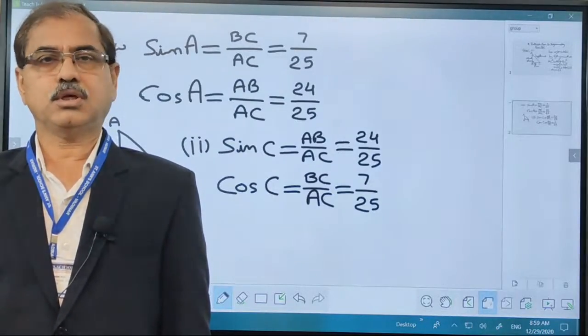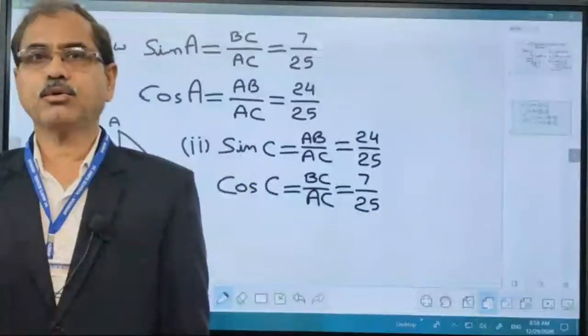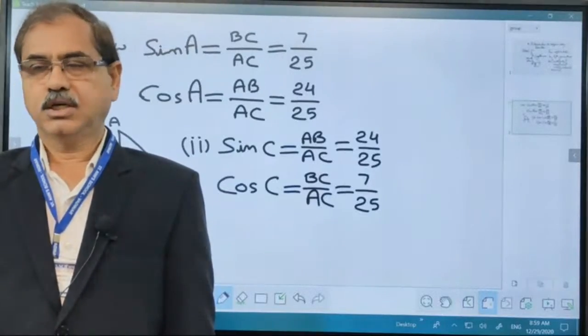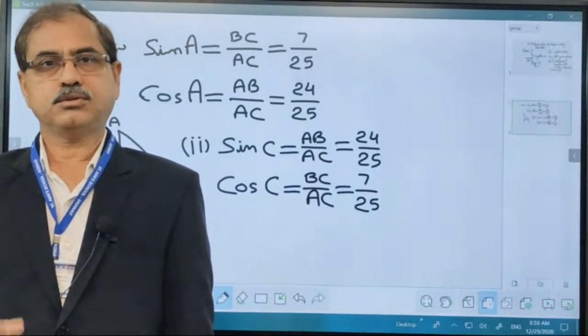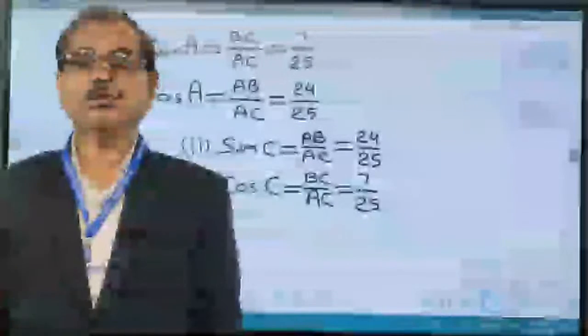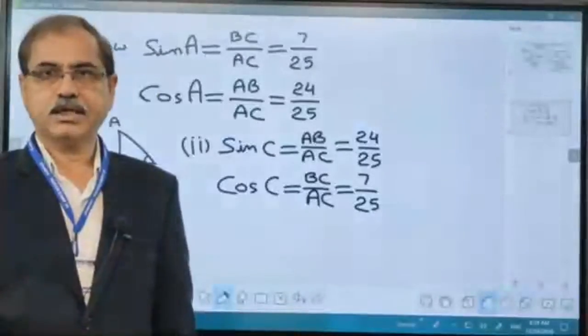Once you know the length of all the three sides, your second step is, according to the definition, you must be able to name sine, cos, tan, sec, cosec, cot, etc. And then only you will be able to give the correct answer.